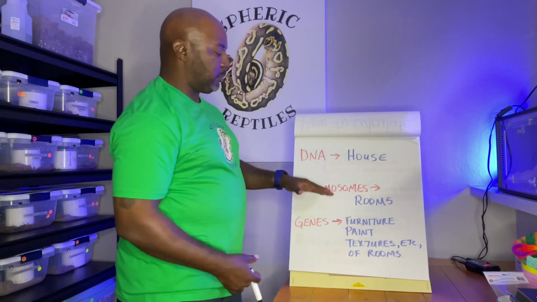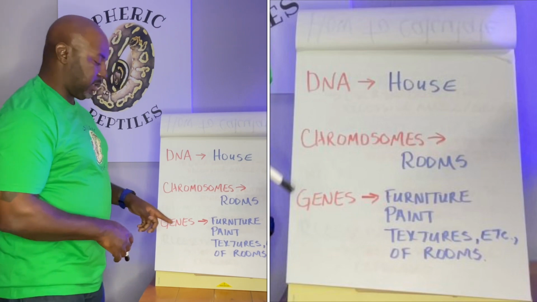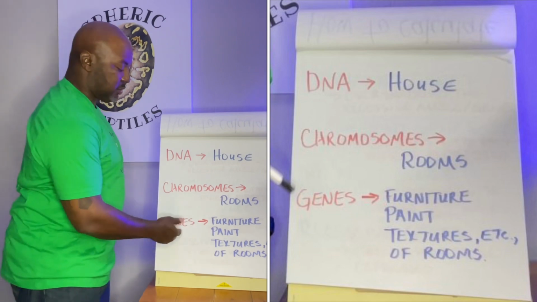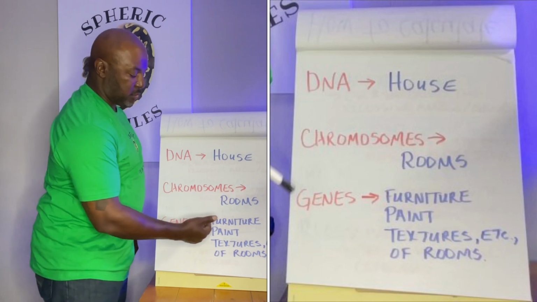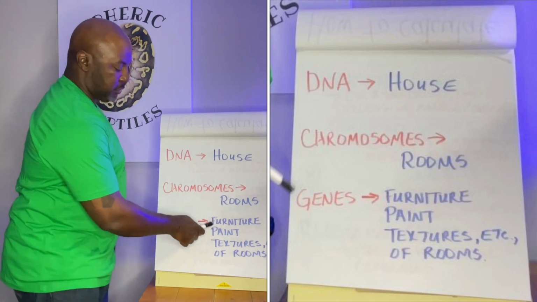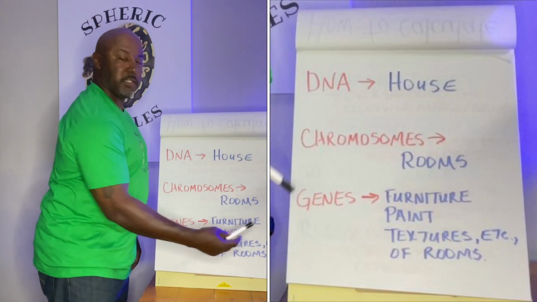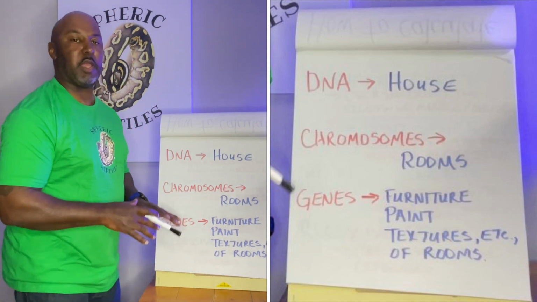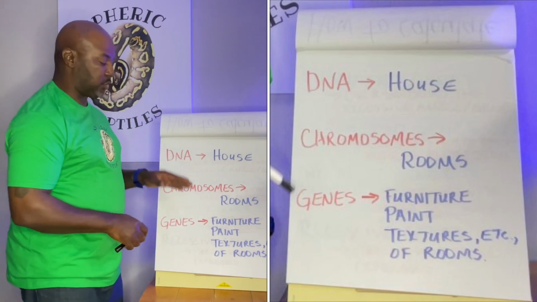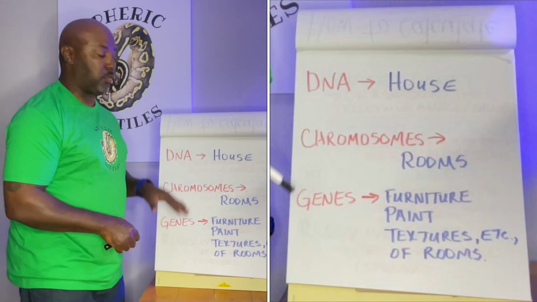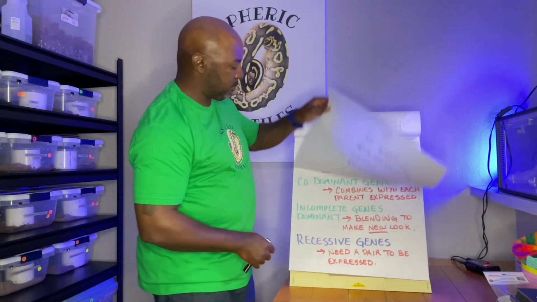So the chromosomes exist on the DNA strands, the double helix strands, and then you have genes. You have genes or alleles, and those genes on those alleles would represent the furniture, the paint, the textures of the room, etc. So anything that you have in there that would tell someone else that this is your house with your rooms and your stuff in it. So that's all of you, basically. That's what we'll use for those terms.